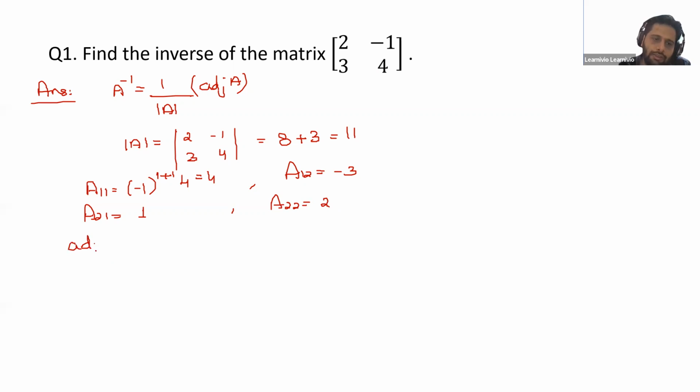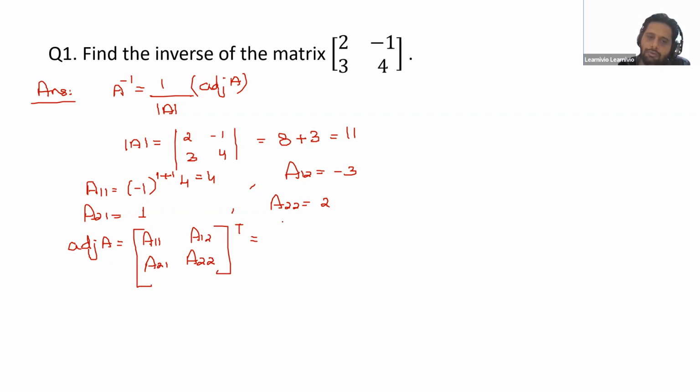Now the adjoint of A is equal to the transpose of the matrix of A11, A12, A21, A22. We'll find the transpose of this.